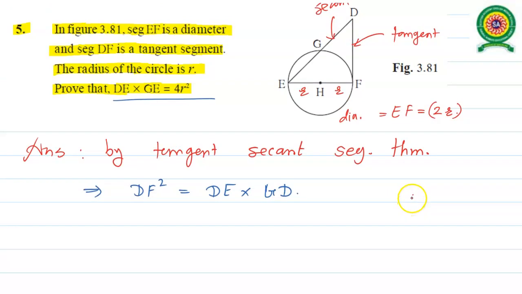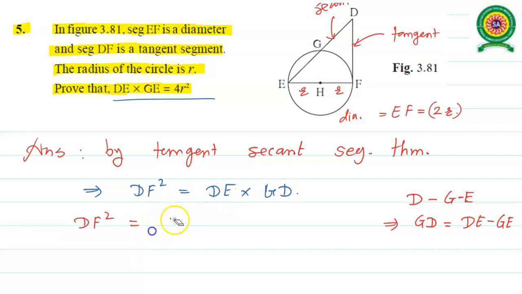Once we have points D, G and E as collinear points, we can write the value of GD is equal to DE minus GE. So now we have DF square is equal to DE, keep that as it is, and GD equal to DE minus GE.